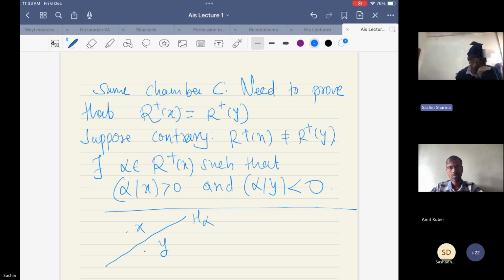Does it give a contradiction? Note that x and y are from the same chamber. Looking at the picture, what is it showing you?